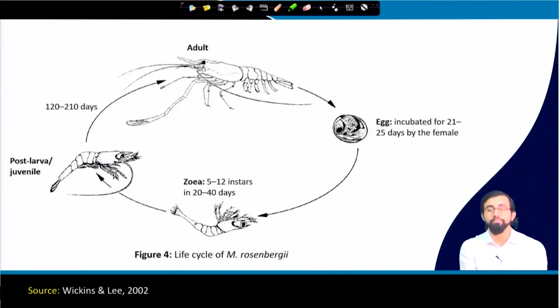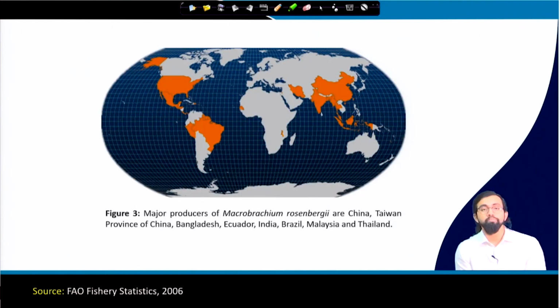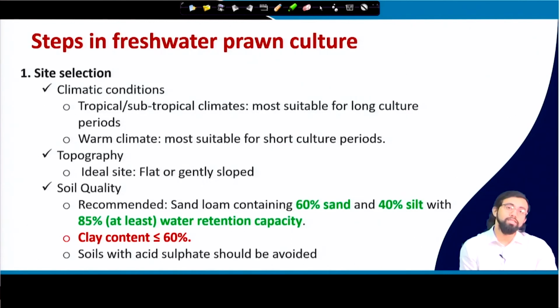Altogether, if you calculate, it doesn't take more than 180 days, which is around 6 months. The major producers of Macrobrachium rosenbergii are China and Taiwan, which are the leading ones. The provinces of China, Bangladesh, Ecuador, India, Brazil, Malaysia and Thailand are also leading in this sector.